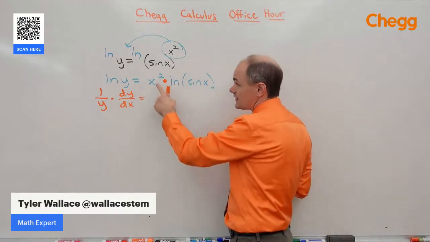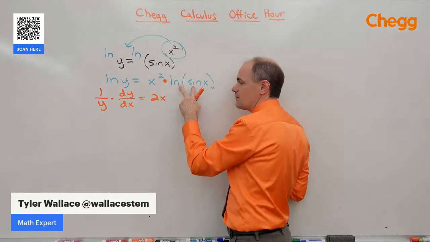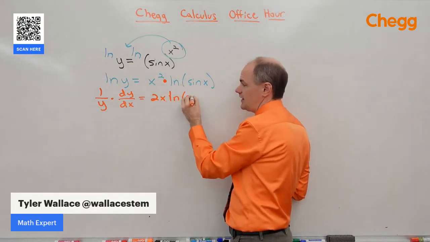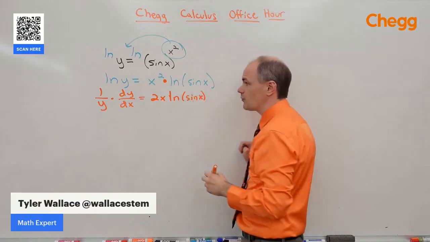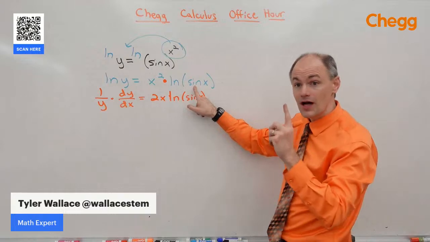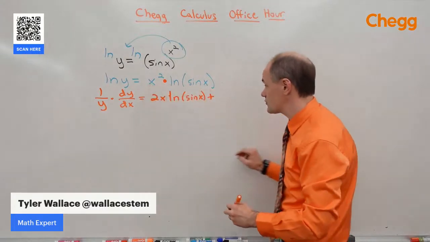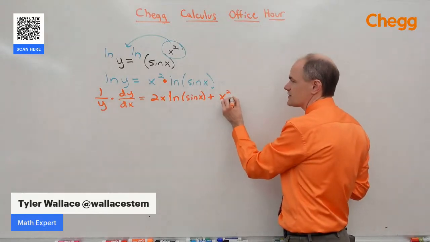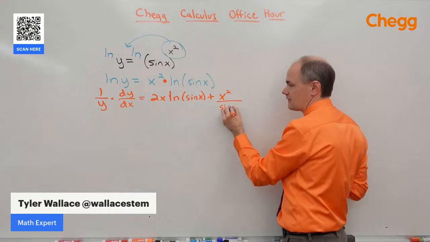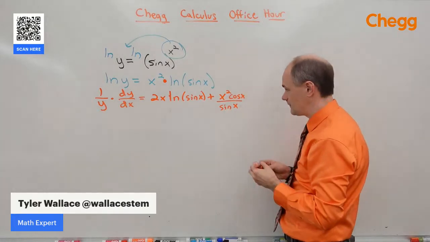So we've got x squared, its derivative is 2x, and then we multiply by the other factor, natural log of sine x. Remember, product rule is the derivative of the first times the second plus the derivative of the second times the first. So we're going to have an x squared times the derivative of natural log, which is 1 over the stuff, times the derivative of the stuff, which is the cosine of x.